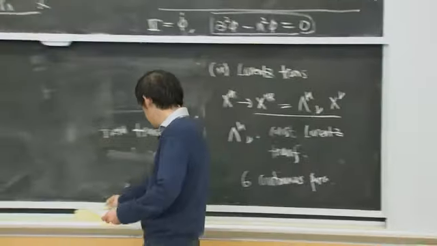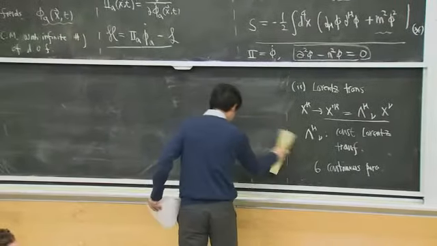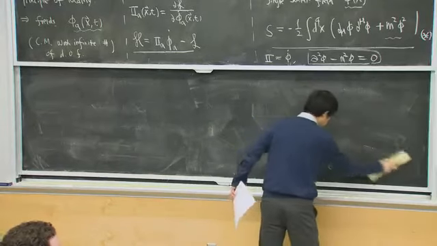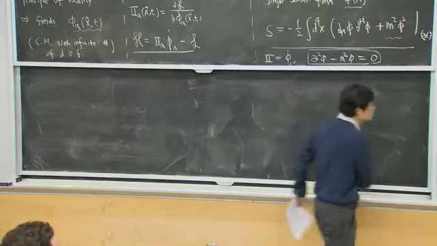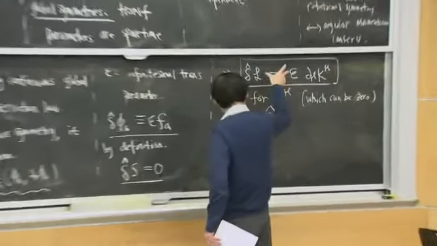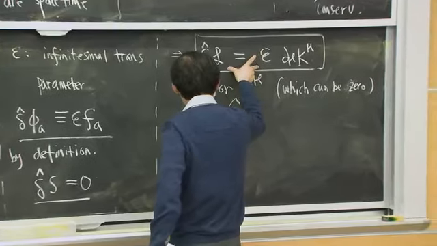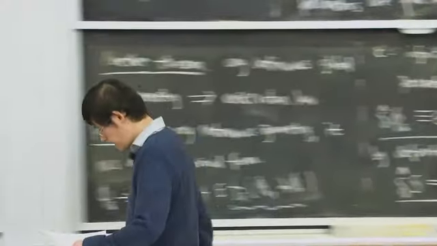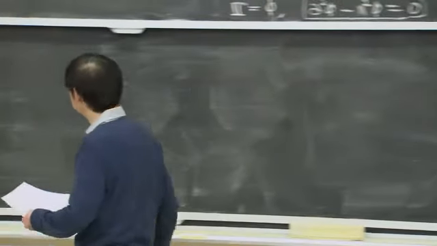Good. Other questions? Okay, so that equation is the constraint imposed by the symmetry, and we want to see what this equation tells us. For this purpose, we just do the variation.